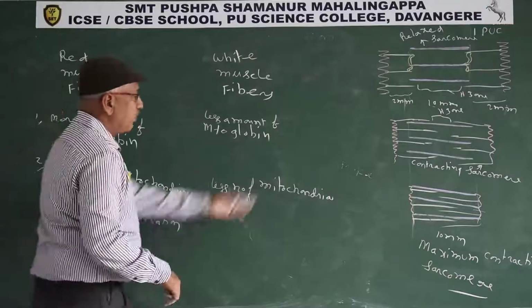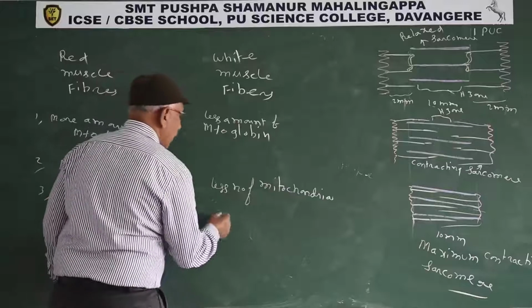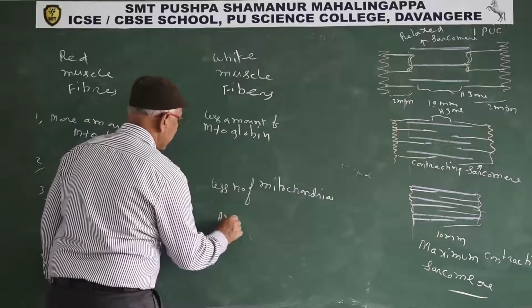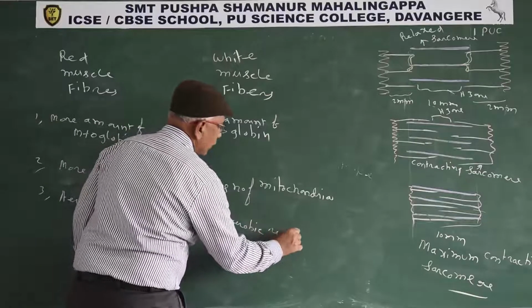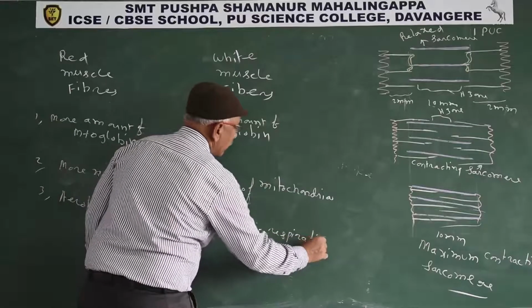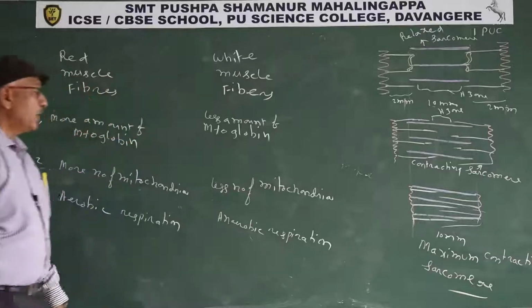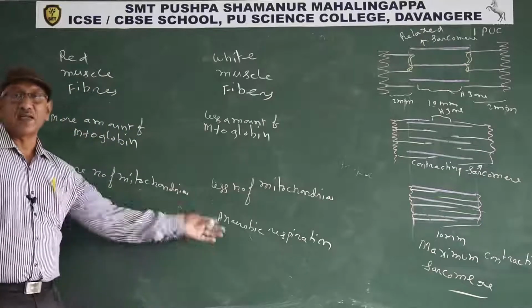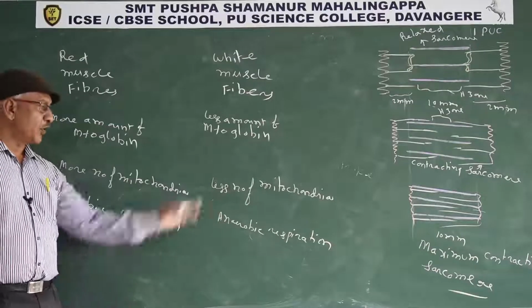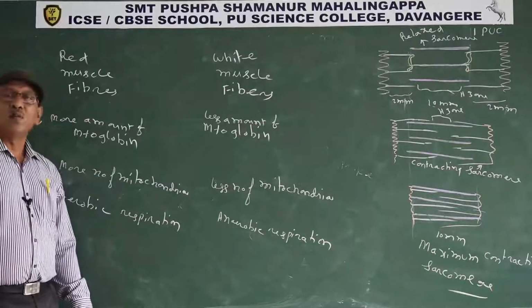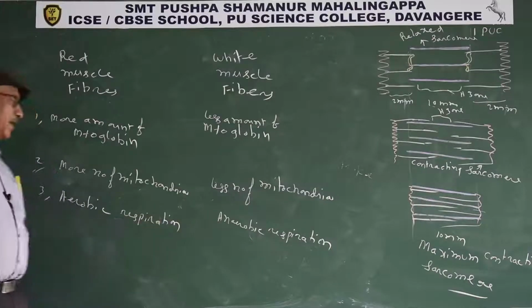Due to the presence of fewer mitochondria, white muscle fibers undergo anaerobic respiration. That's why lactic acid is formed. Due to accumulation of lactic acid, muscle undergoes fatigue, great tiredness.